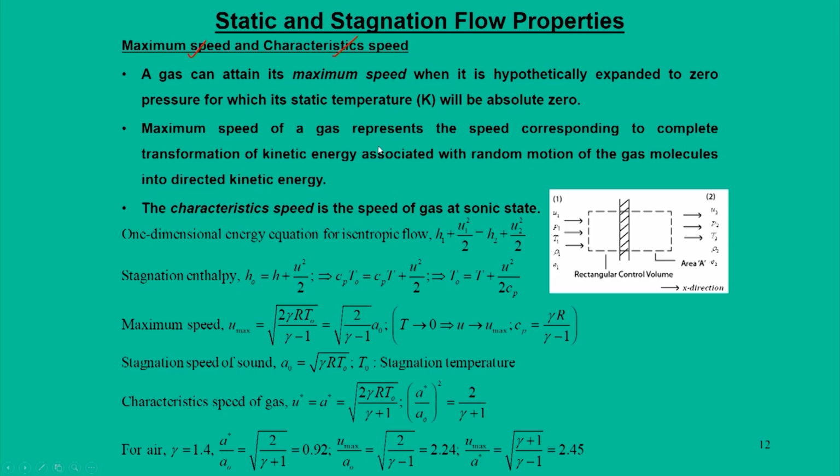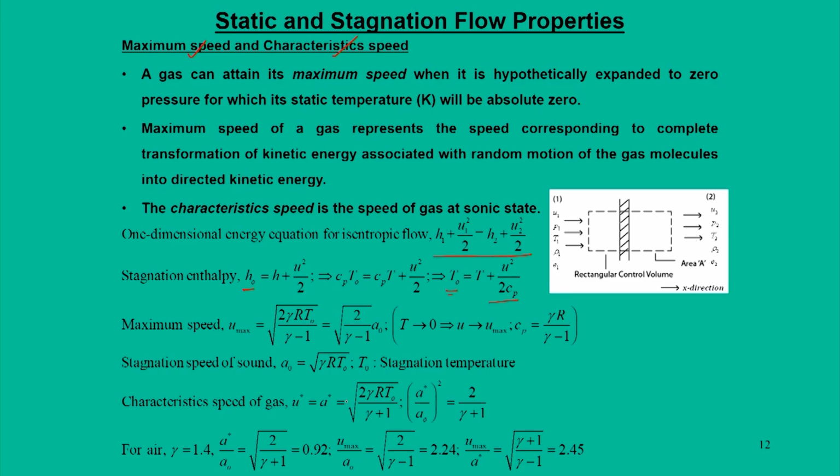Now, to find this expression in mathematical terms, we want to revisit the fundamental energy equation, h1 plus u1 square by 2 is equal to h2 plus u2 square by 2. From these expressions, we define the term stagnation enthalpy, and we get the total temperature as T plus u square by twice Cp. This is one expression.